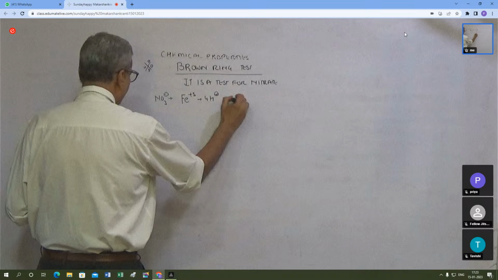So this complex is freshly prepared, hexaaquo iron(II) ion. Now this reacts with the NO, and what does it form? Fe(H2O)5NO 2+. Now this is the brown form.